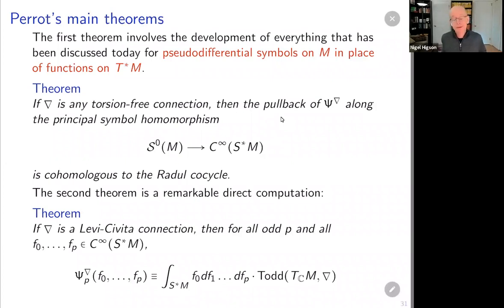On the other hand, as for this cocycle itself, if you happen to use a connection with additional symmetry, a Levi-Civita connection, so a connection for a metric, then you can calculate what this cocycle is. And what you find is the Todd class. This cyclic cocycle is not a general arbitrary cyclic cocycle. It's actually a family of Dirac currents, exactly as you see in this formula.